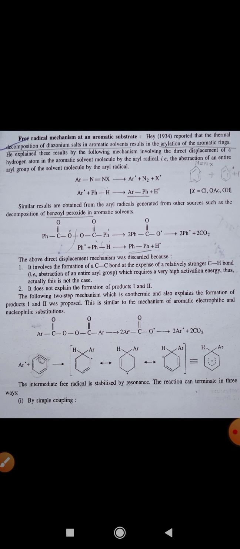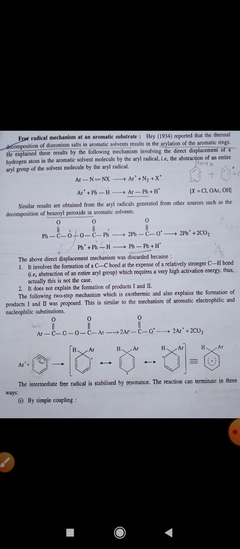After that, let us see the free radical mechanism in an aromatic substrate. In the thermal decomposition of diazonium salt, diazonium salts are those in which there is N double bond N, and X means halogen. When they are bonded with an aromatic ring, they are the diazonium salt.